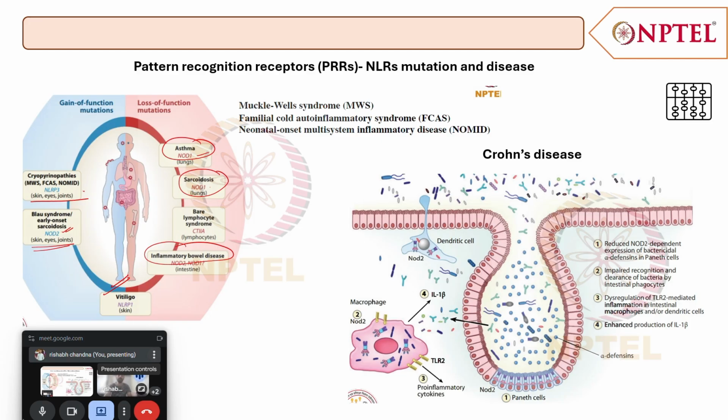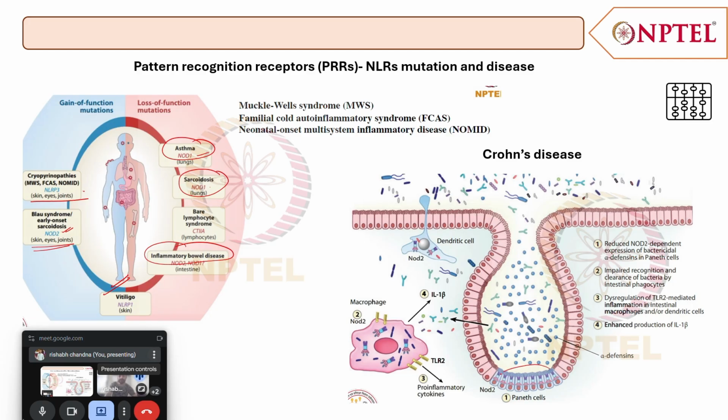There is also one of the diseases called Crohn's disease. That is also an inflammatory disease associated with the NLRs. So this is an intestinal disease. What happens in this case is reduced NOD2 dependent expression of bactericidal alpha defensins in the Paneth cells.